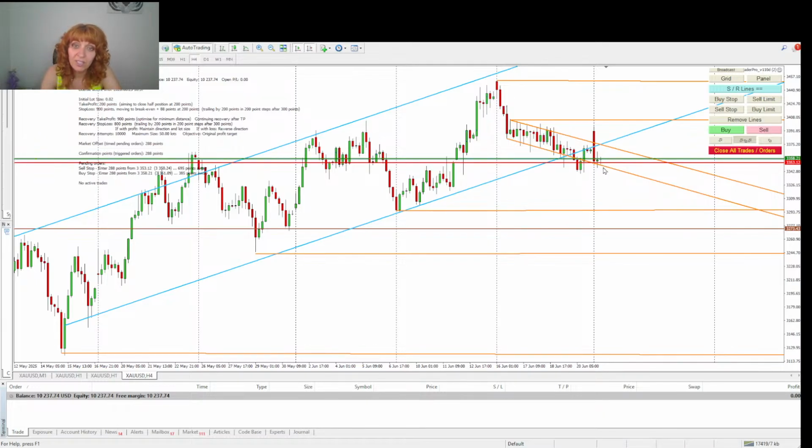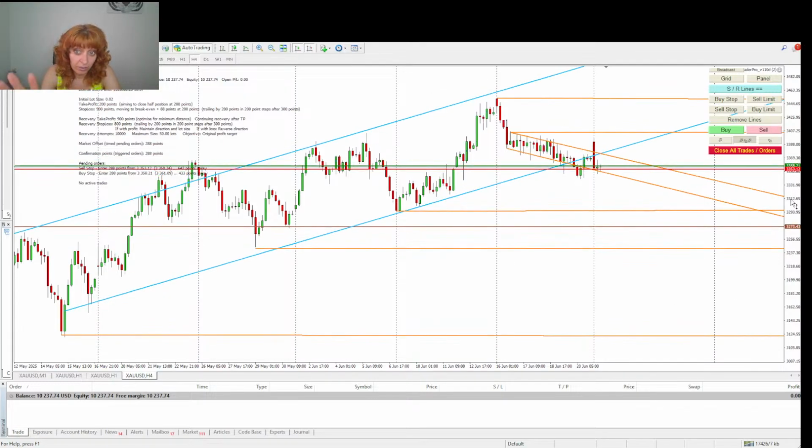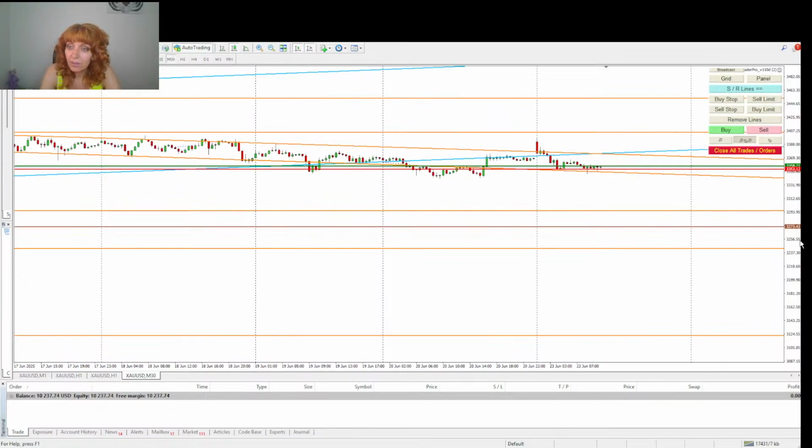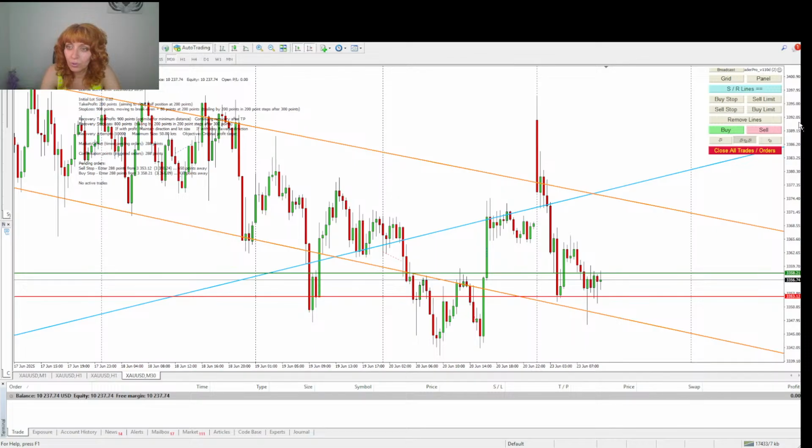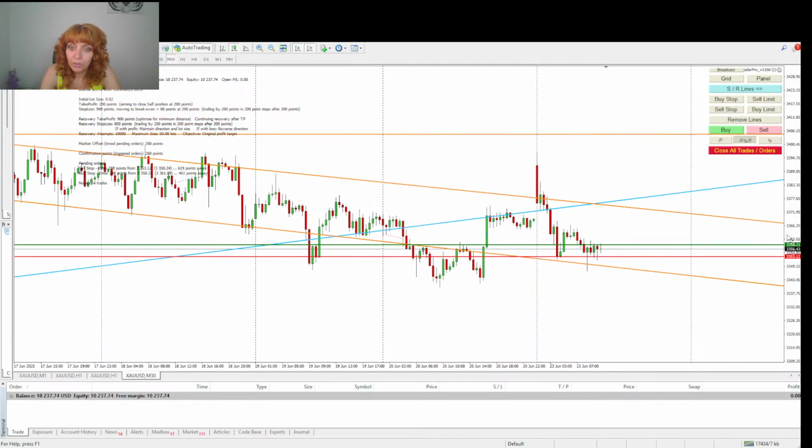So for me, in normal circumstances, by looking at the technical picture, I would consider continuing the way down. That's how I would look at it in this view. But because of the fundamentals at this moment, the world news, it's possible it might try to go up again.